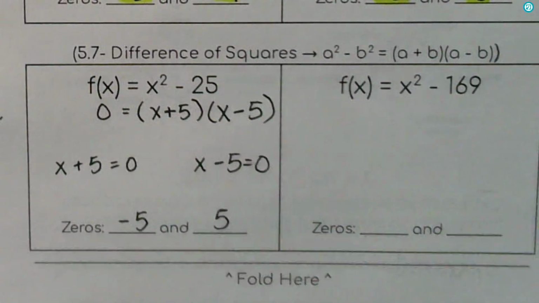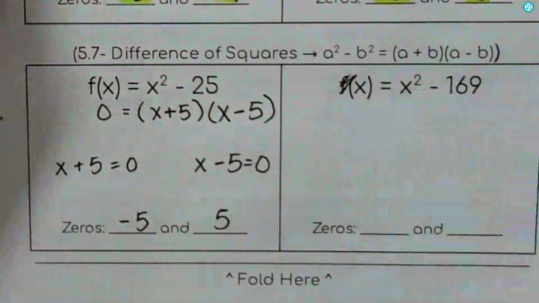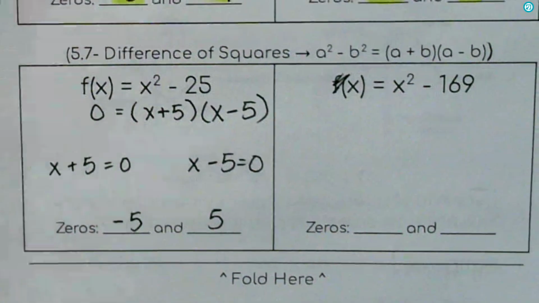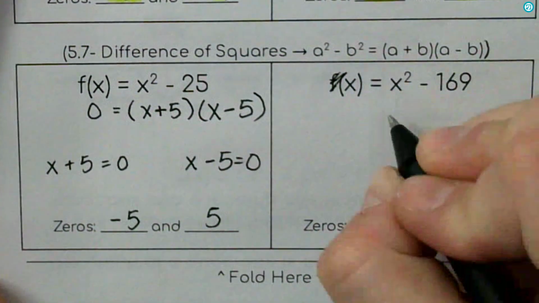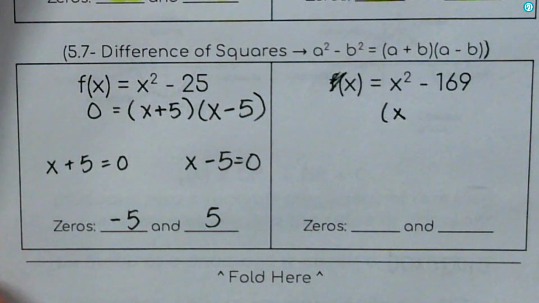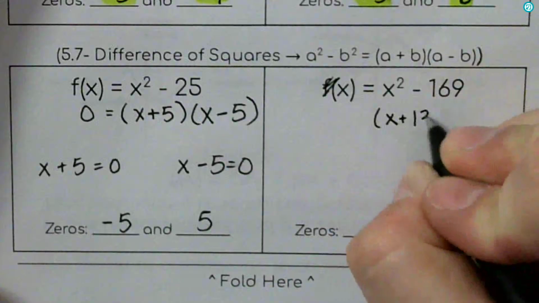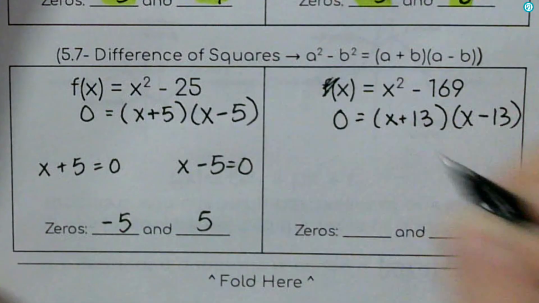Next one, we've got f of x equals x squared minus 169. I don't know why I started crossing that off. Actually, I do know, and it's because I was trying to do the wrong method. We're going to factor this. So, what number times itself equals 169? 13. So I've got x plus 13 and x minus 13. Set that equal to 0.